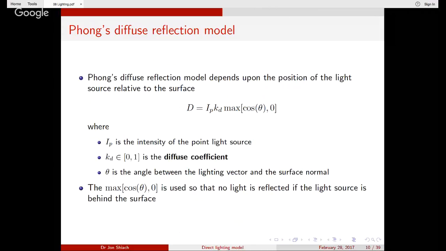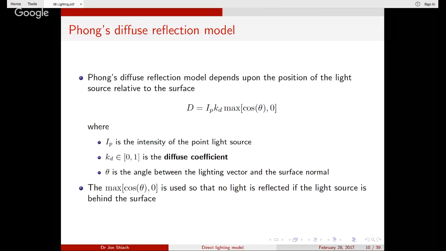Kd is similar to Ka in that it's a diffuse coefficient. This is like a tuning thing. Imagine you've got an equalizer on your music. You move it up or down depending on how much diffuse reflection you want, in the range 0 to 1. And theta is the angle between the light vector and the surface normal.